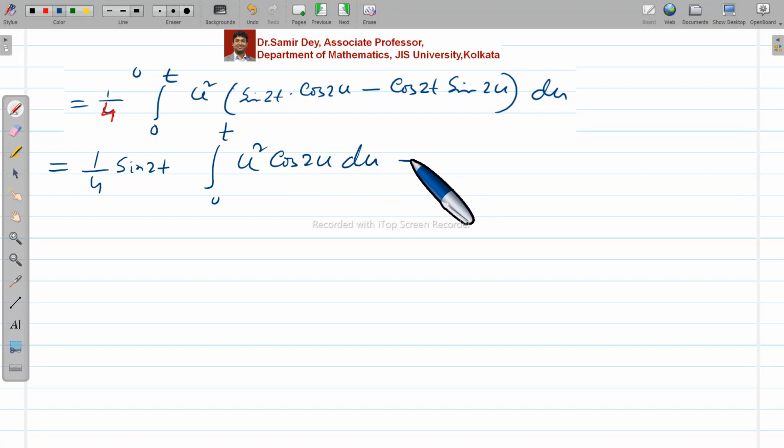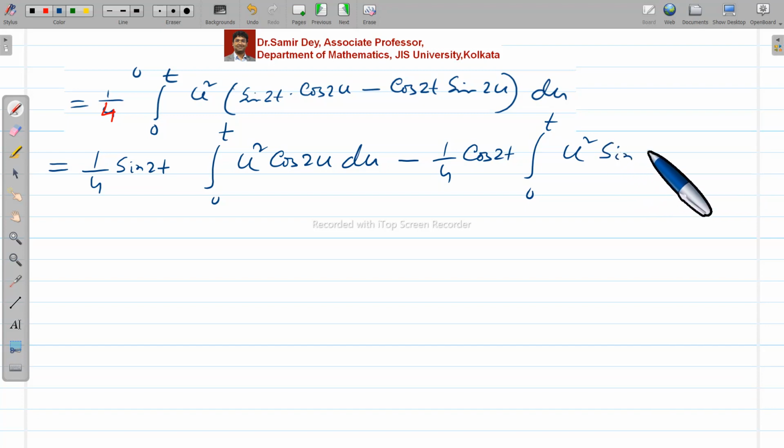Minus 1 by 4 is outside, and cos 2t is a constant, cos of 2t, integral 0 to t of u square sine of 2u du. Please check. Clear? Now you simply integrate.